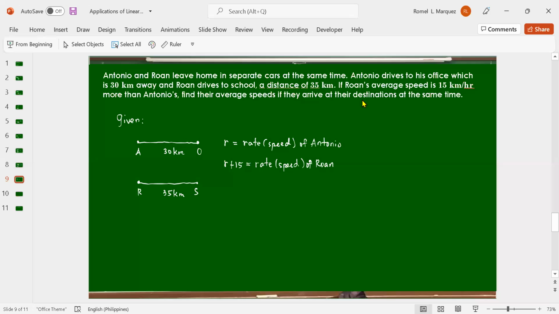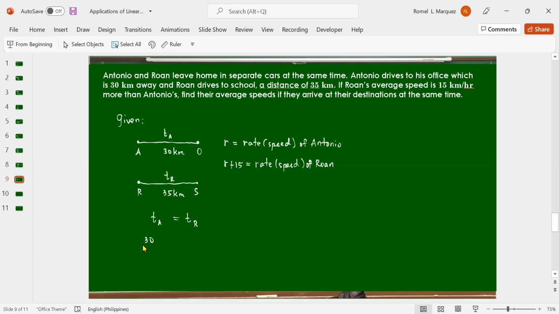So, according to the problem, find their average speed if they arrive at their destinations at the same time. Yung time ni Antonio, time ni Roan equal. Am I right, children? Boys. O ano bang time?